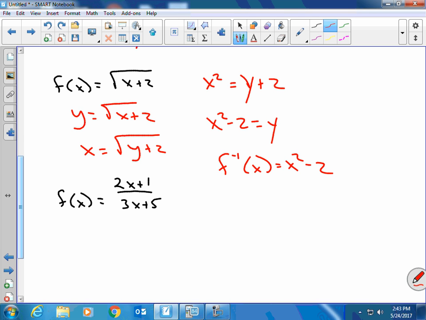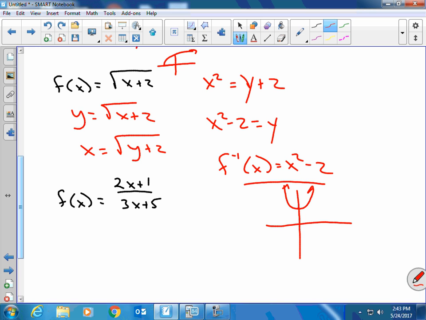Now, that is technically not 100% correct, because if you think back to our square root graph, what does this look like? Just a really small graph up here. It's a square root function, right? Well, if I were to graph this here, it's more than a square root function. It is, shift it up 2, it's going to be my entire quadratic.